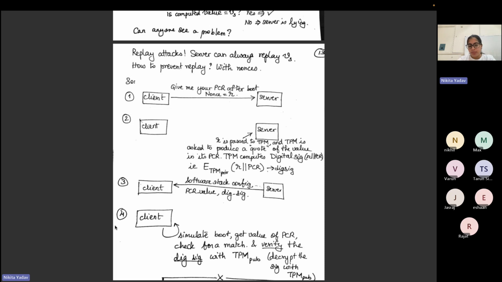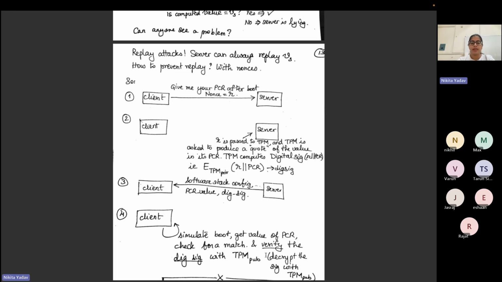Now after step 4, when you have already verified and sent your code and data for execution on the server, the server can start some new application, say a malicious application, a malware application, which can try to steal your code and data which is running in another process.